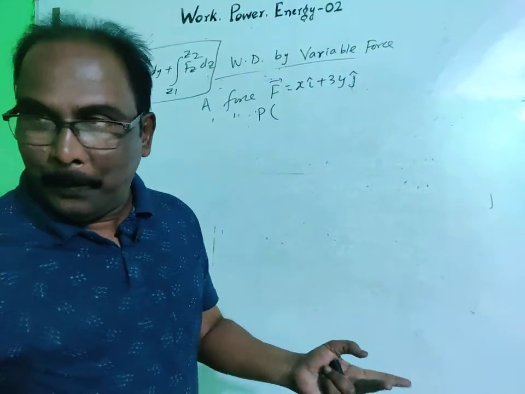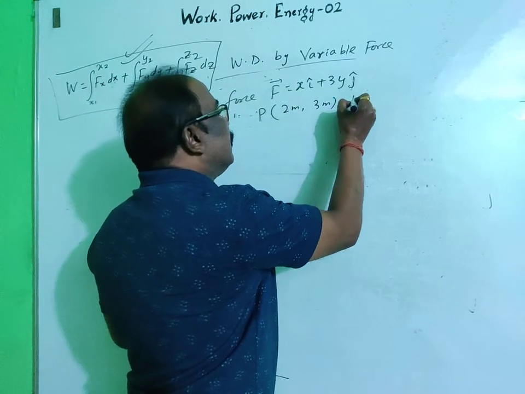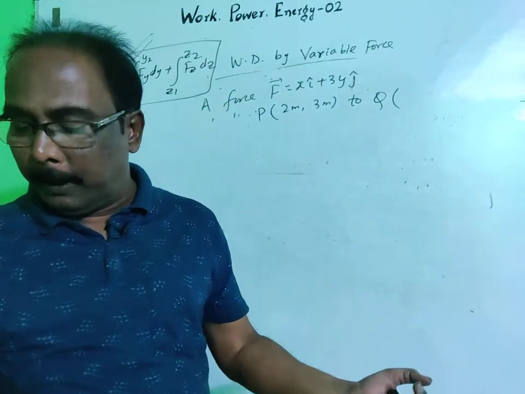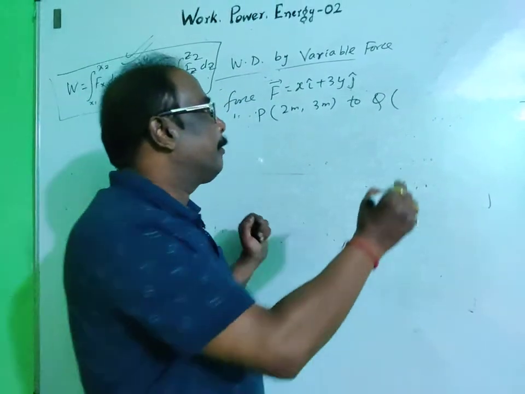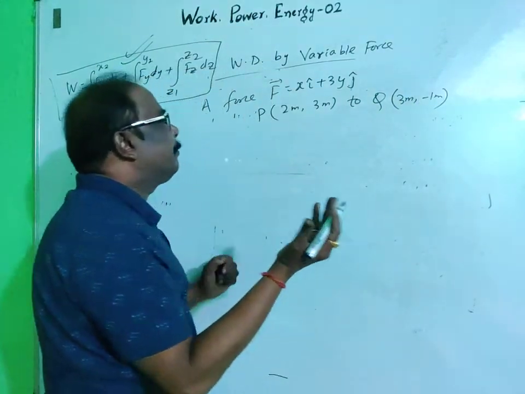The coordinates of point Q, you may take any value, we select 3 meter, minus 1. Then we have to calculate the work done.